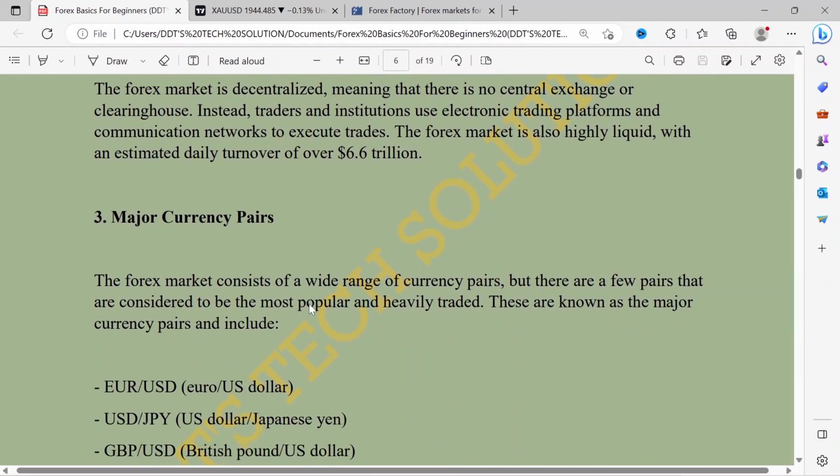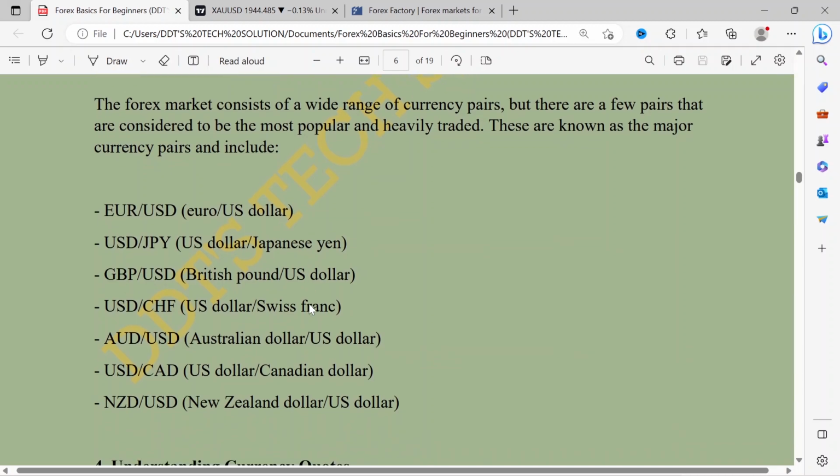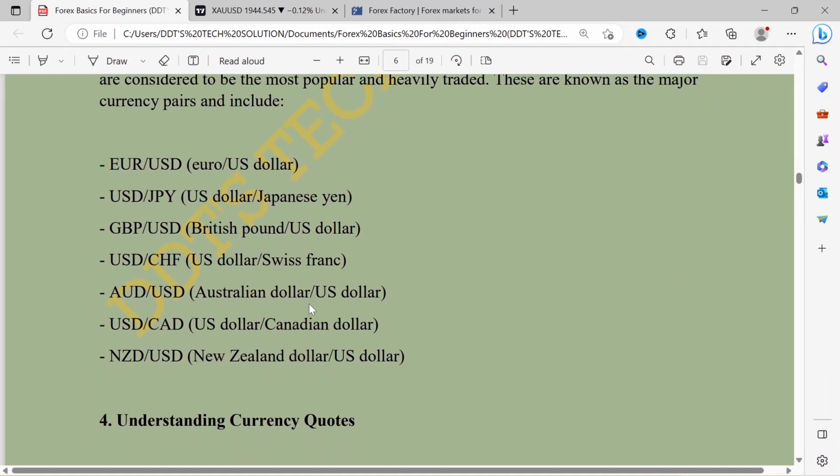So we're going to talk about the major currency pairs. What are the major currency pairs? So we have the EUR/USD, you have the USD/JPY, we have the GBP/USD, that's the British pound versus the US dollar, and a few others. So how do you find this in a practical aspect? So let's say you have EUR/USD right here. If you buy euro, meaning you are buying euro to sell USD.